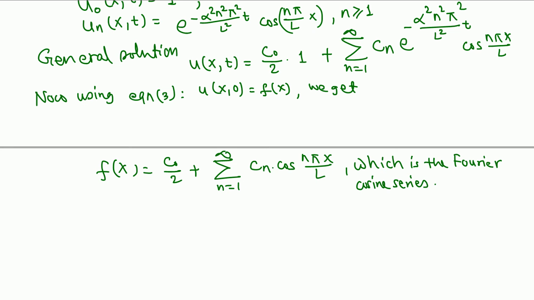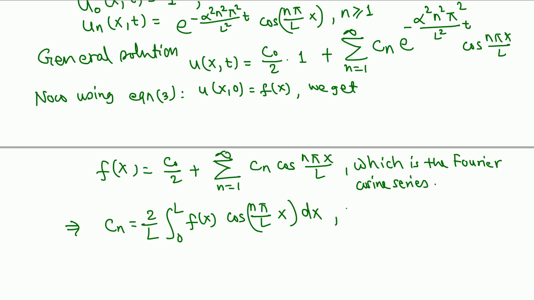And we know how to find the constants c0 and c1, c2, etc. That implies the cn's are given by, we can find all cn's in one place, starting n equals 0, 1, 2, 3, 4: that is 2 over l, integration 0 to l, this function times cosine of n pi over l x dx, for all n equals 0, 1, 2, 3, etc.